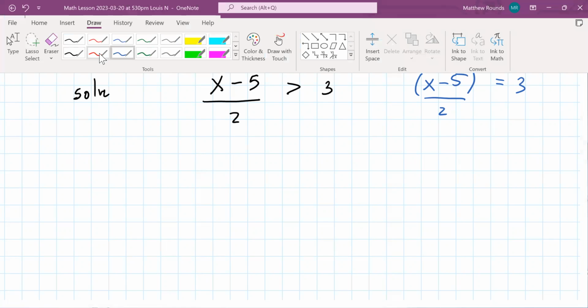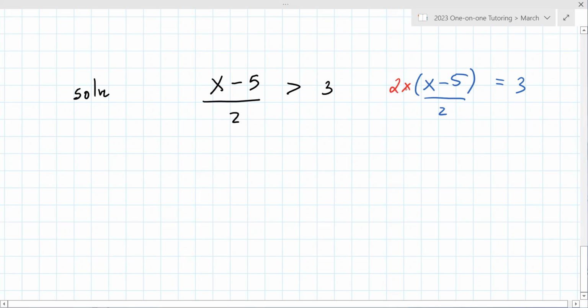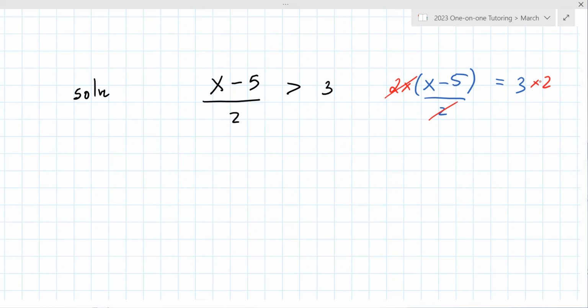Multiplication. You multiply both sides by 2. On the left, it cancels, so we're isolated. Yes. Okay, so we canceled that out. So X minus 5 is equal to 6.